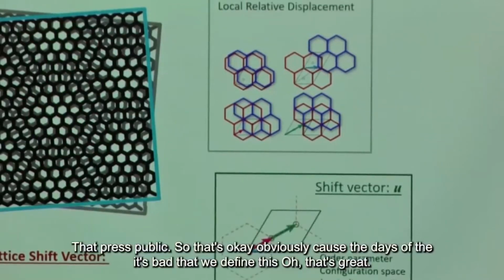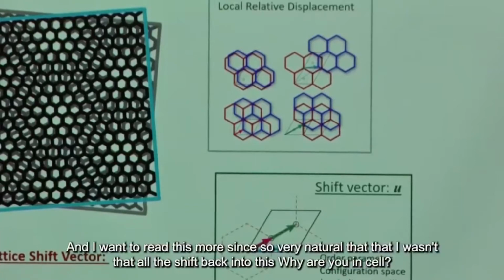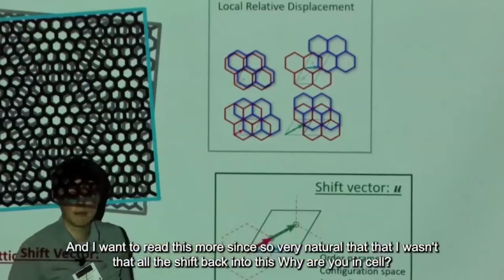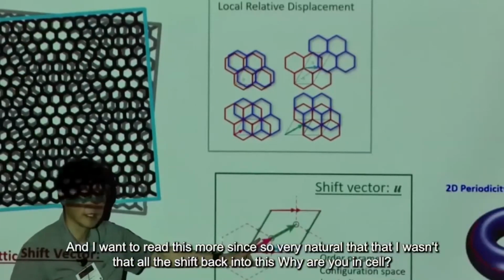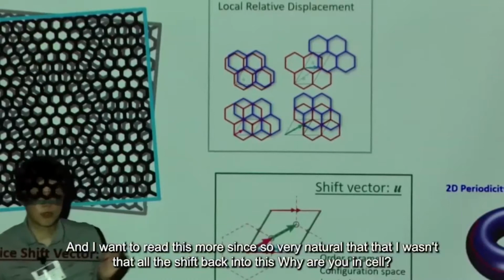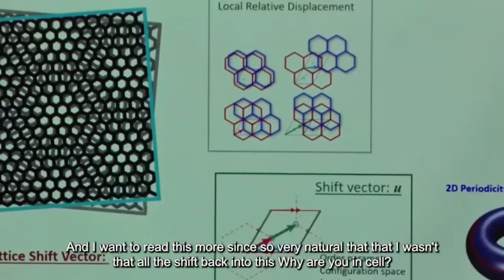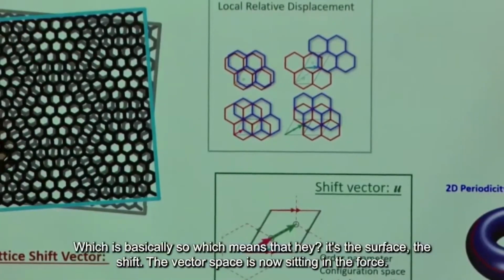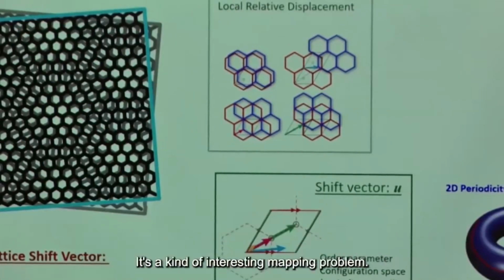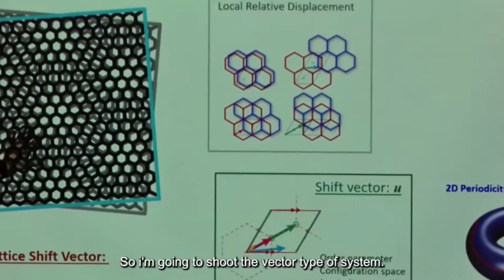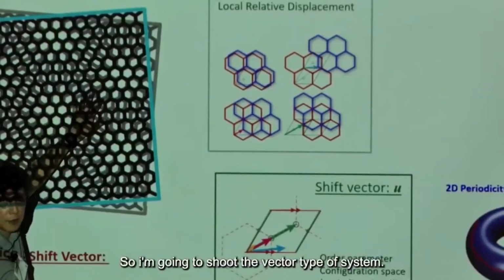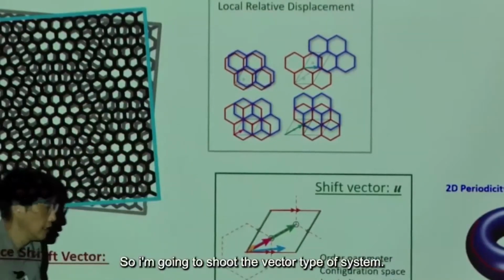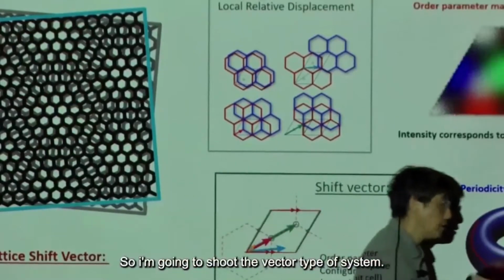So it's very natural to map all the shift vectors that define the corresponding differences back into the unit cell, which is basically a periodic structure. This means that the two-dimensional shift vector space is now sitting on a torus, considering this periodicity. So in terms of mathematics, it's an interesting mapping problem of this shift vector, from R2 into the torus.